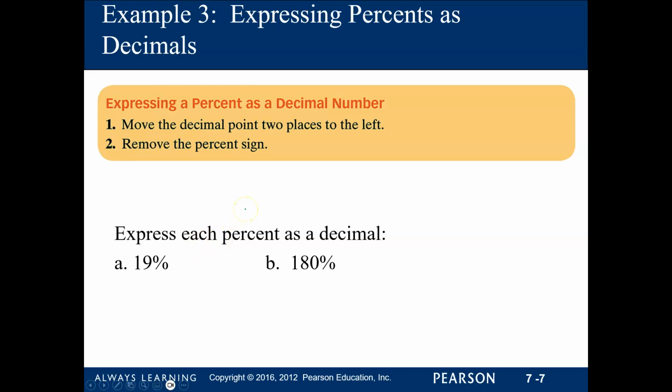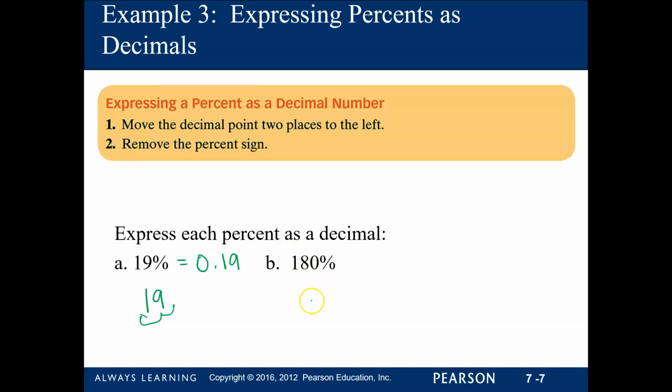We always have to change them into decimal form. So in the case of 19%, the decimal point of 19% by default is after the 9. So we have to move it 2 to the left. So 19% is going to be equal to 0.19.